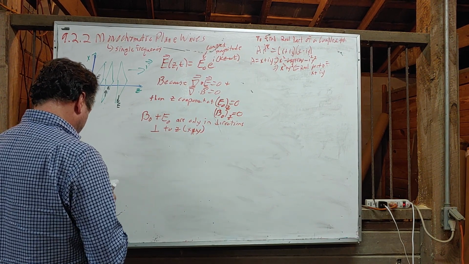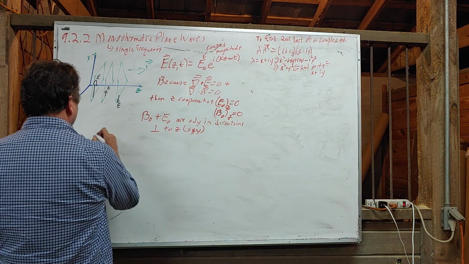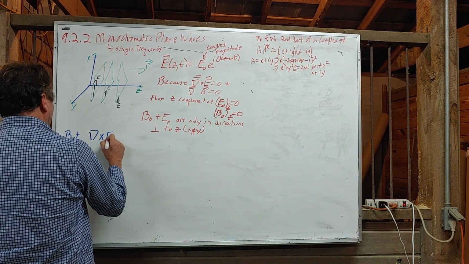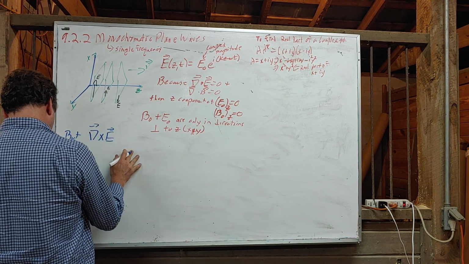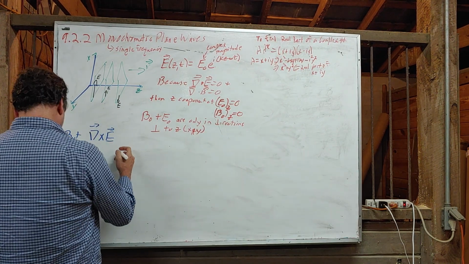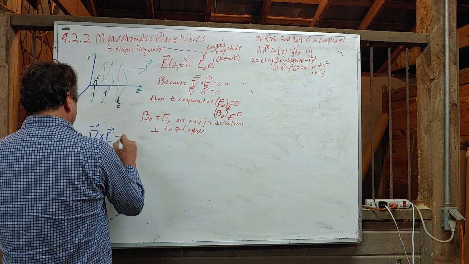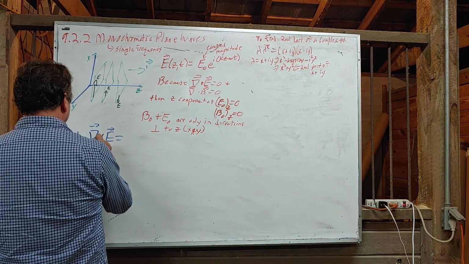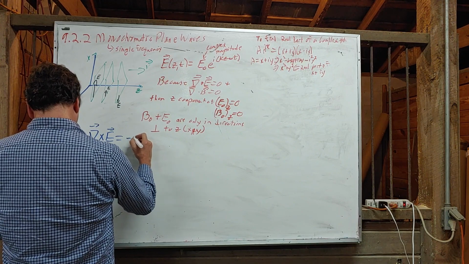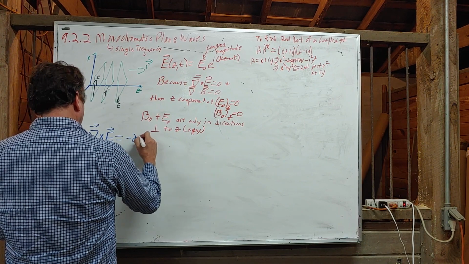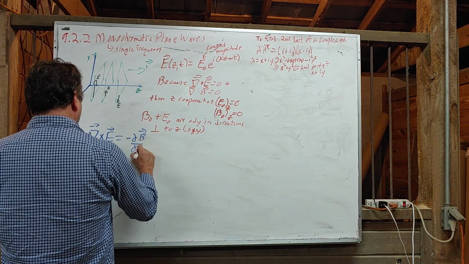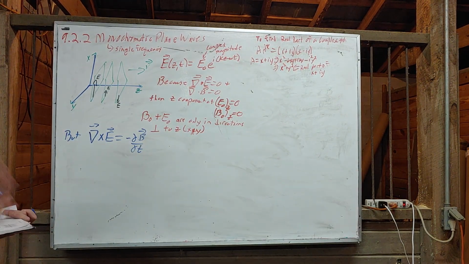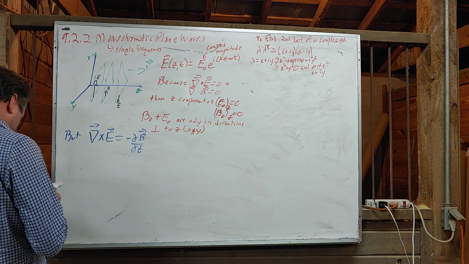Now, if you remember, del cross E, we said, remember this is one of Faraday's. This is Faraday's law. Del cross E is how we get electromagnetic induction. Del cross E is minus the partial of the B field with respect to time. So a changing B field creates an electric field. That's what this is saying, electromagnetic generation.